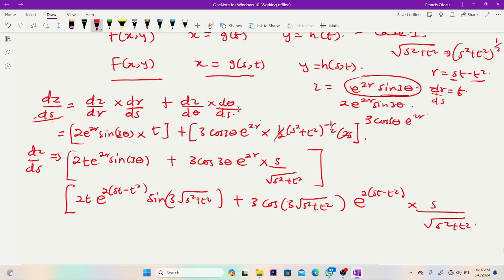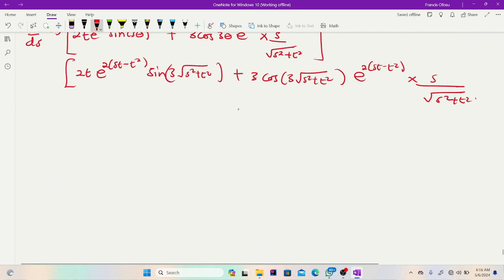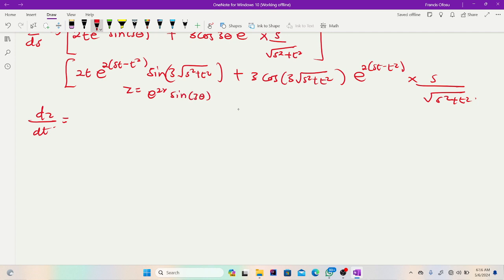So we move to the second part of the question, saying that you should find dz over dt. So for dz over dt, we come again to the function. The function is z is equal to e to the power 2r sine of the expression 3 theta, where r is equal to st minus t squared and theta is equal to the square root of s squared plus t squared, like this.